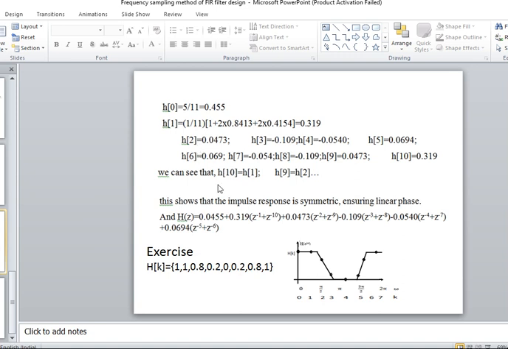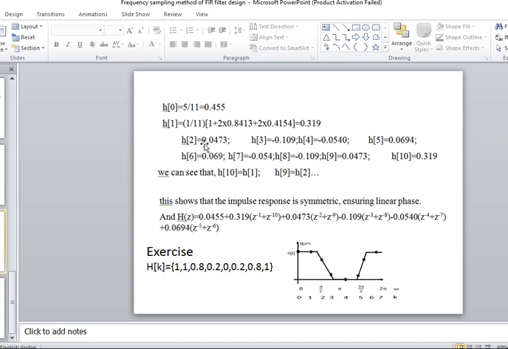Now once we get the h values, you can find the H(z), the transfer function of the system. But you can see it has a symmetric impulse response, because h1 and h10 are the same.